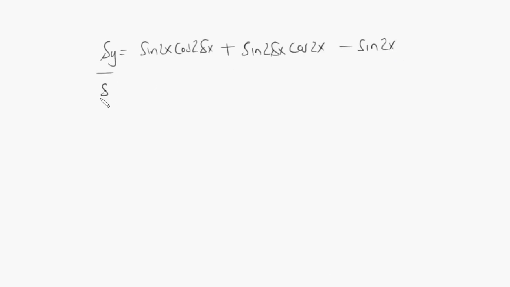So dividing by delta x both sides. Now I am looking for dy dx, which is just the limiting value of delta y over delta x as delta x approaches 0. So this is what I am looking for.